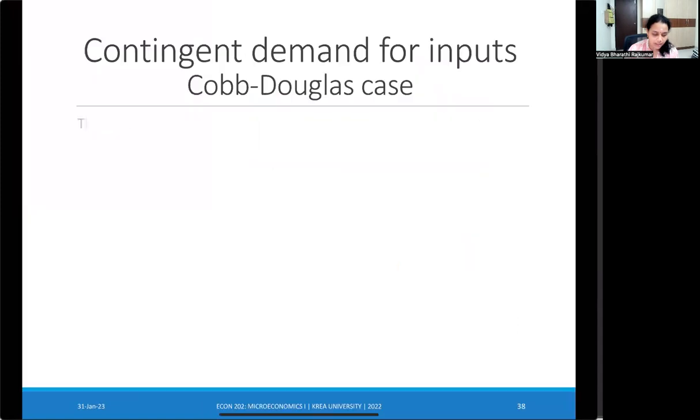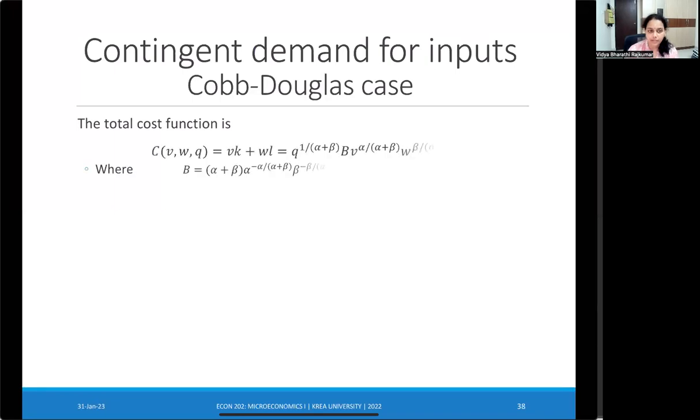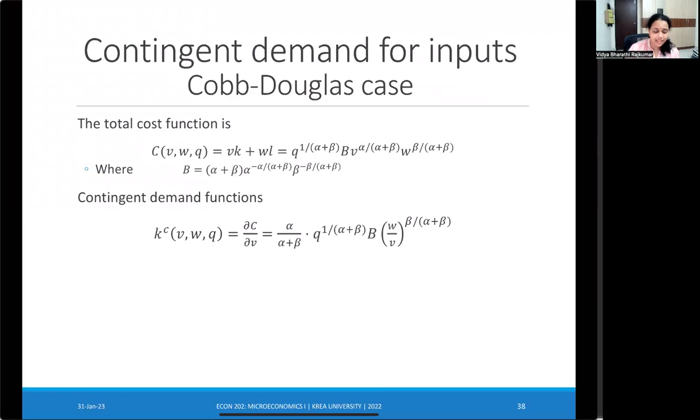Let's look at how it turns out in the Cobb-Douglas case. So once you have a cost function that is given to you for a general Cobb-Douglas function of the form K^alpha L^beta, from this function, we just have to take derivatives with respect to V and W. So to get Kc, I just have to differentiate C with respect to V. So if you notice, V has an alpha over alpha plus beta as the exponent.